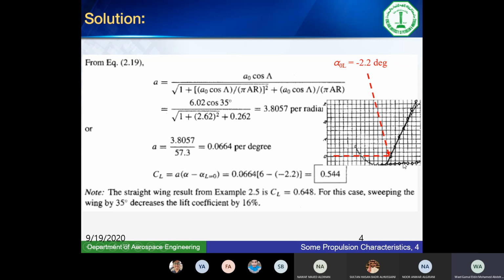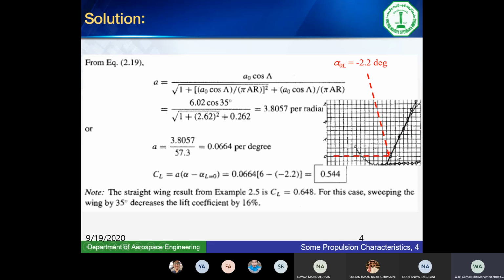However, be careful that the angle of attack here is in degrees. The horizontal axis is in degrees. So if you want to get a naught, you need to convert it to radians. 1 radian is 57.3 degrees. So if you calculate delta CL over delta alpha in here, that will give you the slope.